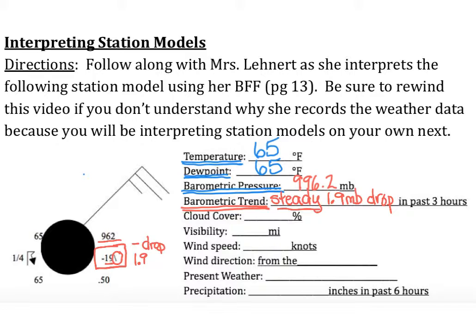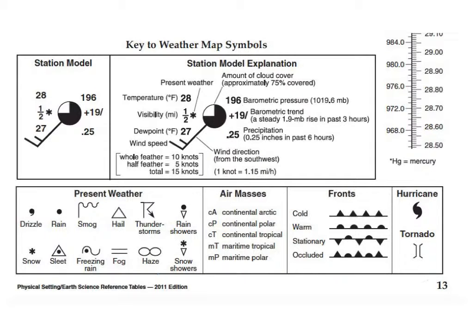All right, our next one is cloud cover. The amount of cloud cover is shown right here at the top, and refers to this circle. So we've been referring to this circle, but we've never explained what this means. The cloud cover tells us how much of the sky is covered in clouds.